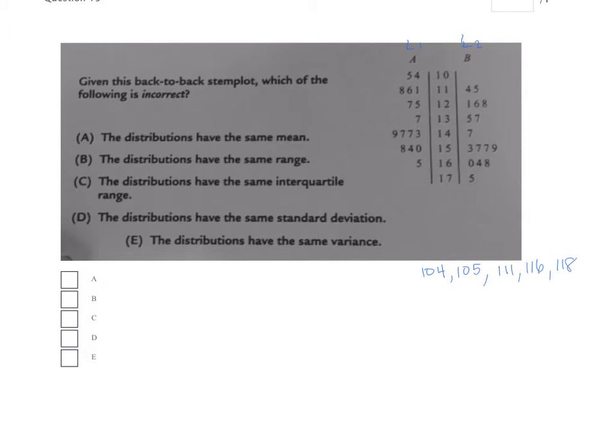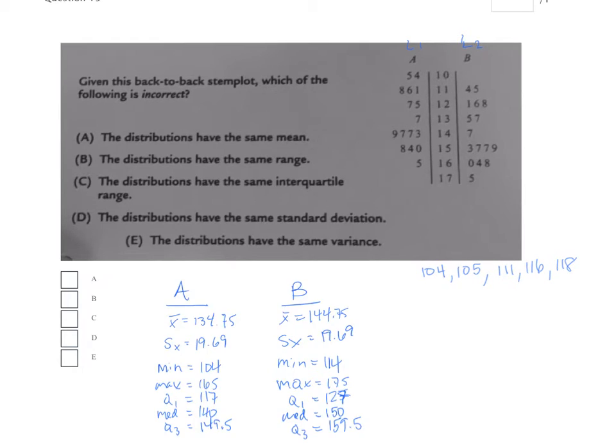So I hope that helps you figure out what the numbers are. Now, after I plug it into my calculator and I run my one variable statistics, okay, so here is the information that I got from my calculator.